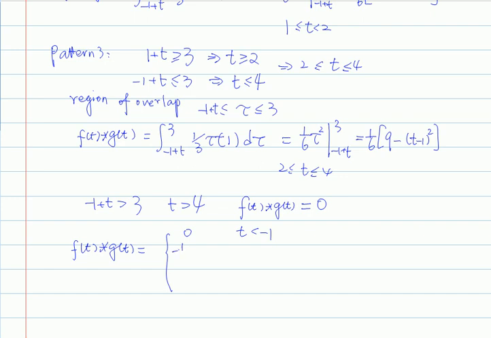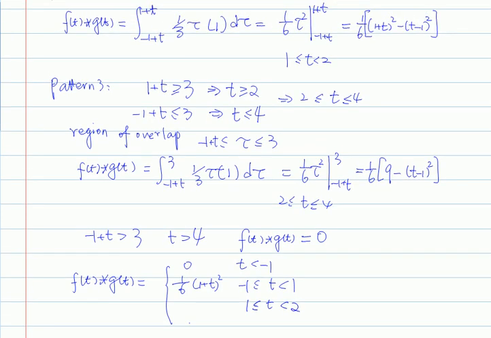Then the next possible one is when t is greater than 1 but less than 2. I'm running out of space here, so I'll just write down the solution first, and then write the range.